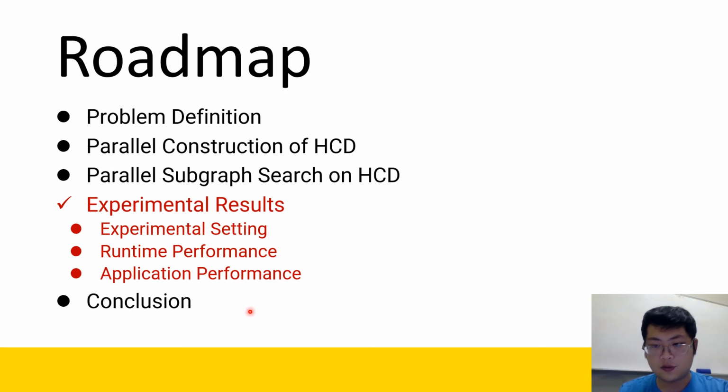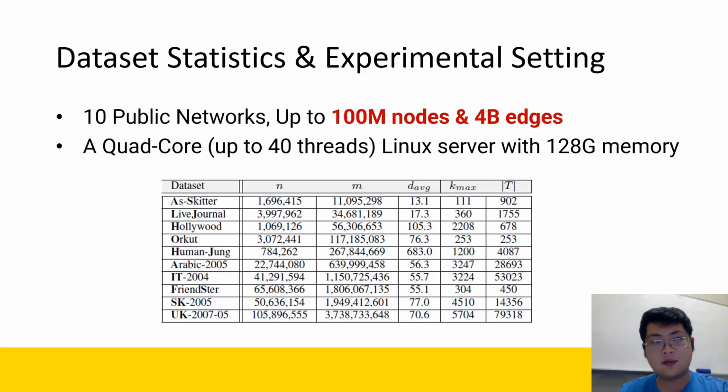Next, I will talk about the experiments. We use 10 public networks with up to 100 million nodes and 4 billion edges. We use a quad-core, up to 40-thread Linux server with 128 gigabytes of memory.